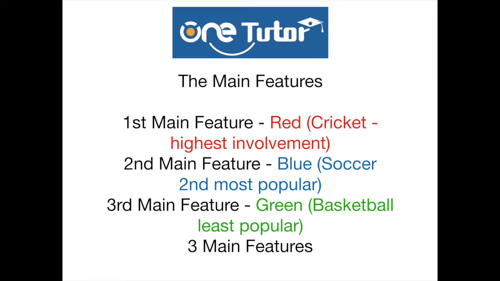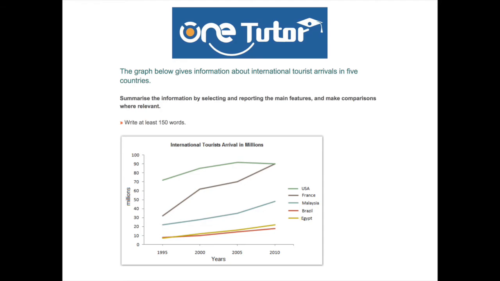Okay, let's move on to the next question. So looking at this line graph, what do you think? What are the main features here? Yeah, now this one's slightly interesting because you could actually say there are three main features or two main features. Do you see the three? Do you see the two? So the two main features you could talk about: United States and France, because they're the highest and they're quite similar, kind of, in their lines.